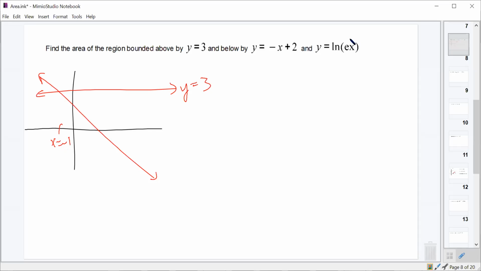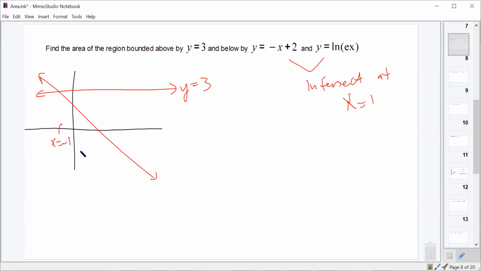Where does natural log of ex intersect with y equals negative x plus 2? These should intersect at x equals 1, and we should have a general idea of what a natural log function looks like, right?